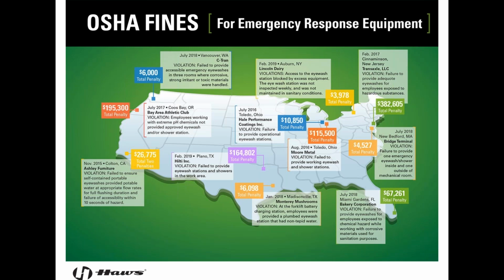And $200,000, that's not an easy number to eat. So adherence to the ANSI standard and OSHA, and ensuring that we're providing the best emergency equipment and first aid for our employees, our friends, is going to help prevent all of this.